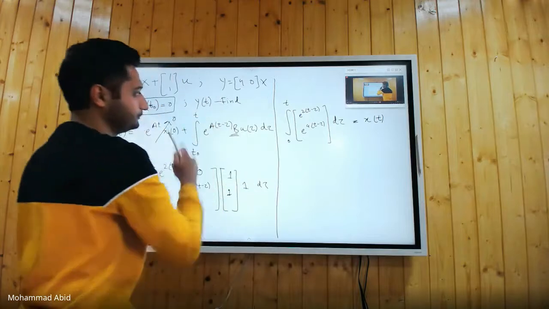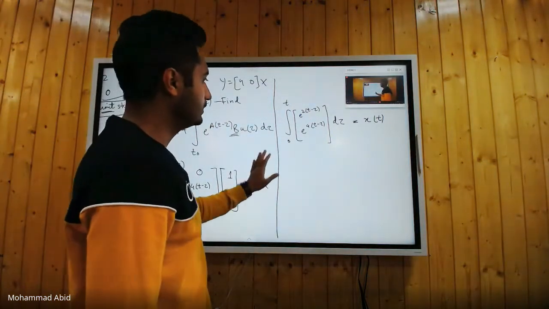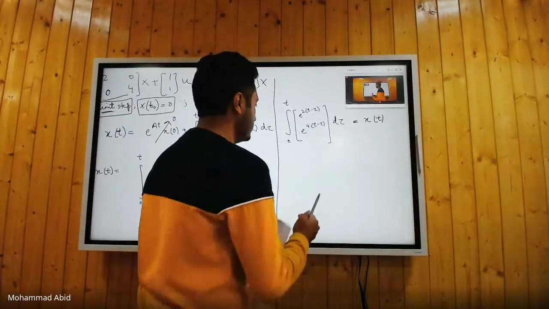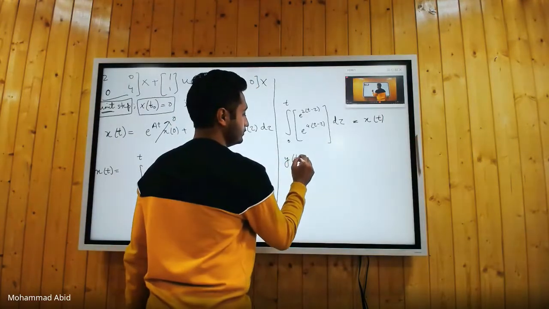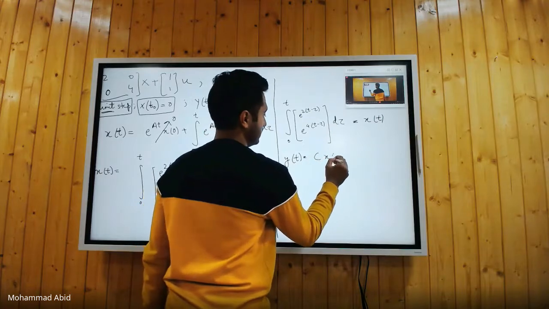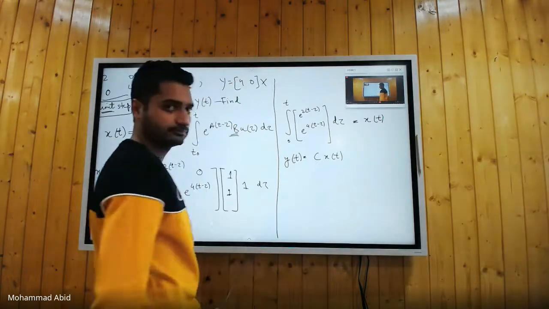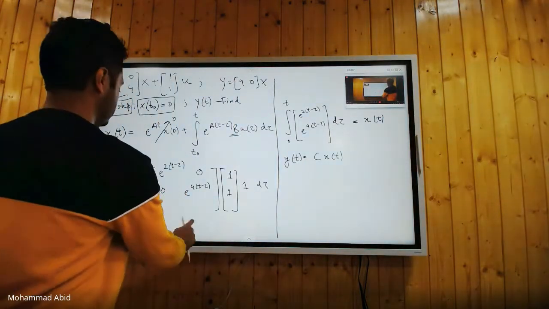We will not yet solve the integral because we know this is not the complete solution. The complete solution is y of t, and that's equal to C times x of t. And we will take advantage of what C is. What's C?